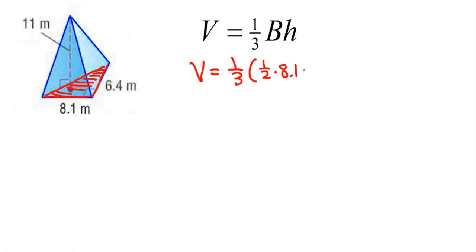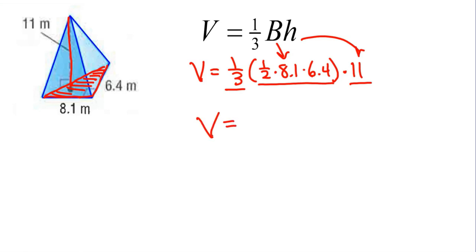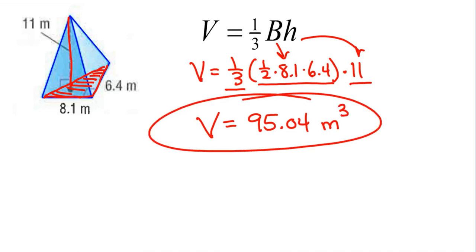That's the area of a triangle, times the height of the pyramid, which is 11 meters. So this is my big B, my area of the base. This is the height. And then I need 1/3 of that to find the volume of the pyramid instead of the volume of the prism. And once I do that calculation, I get 95.04 cubic meters. And that's the volume of that pyramid.